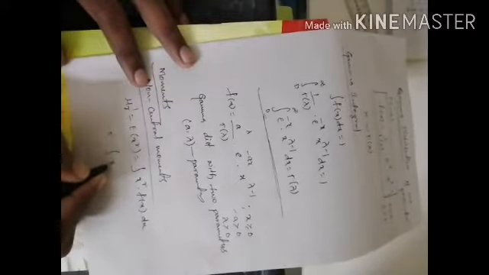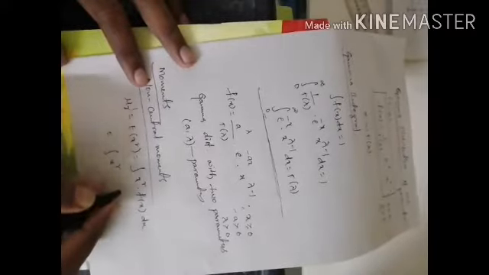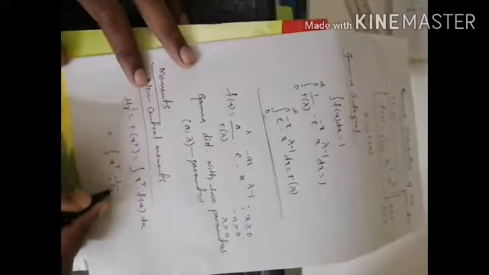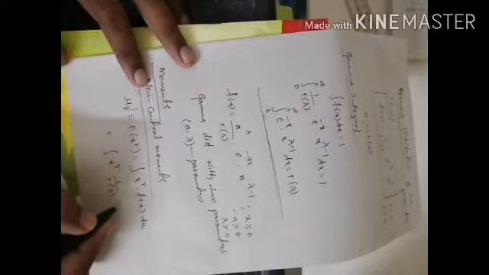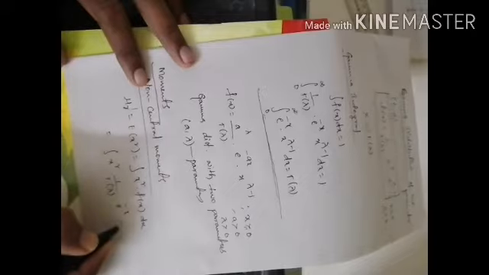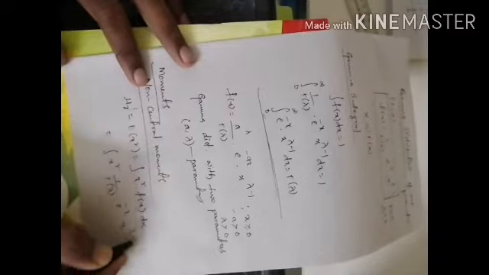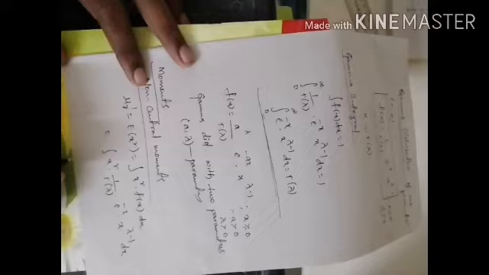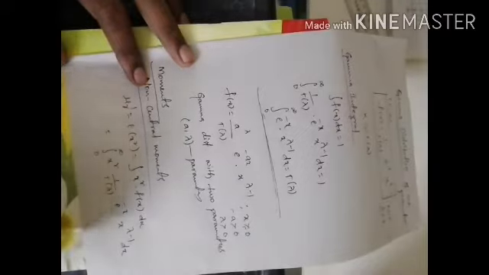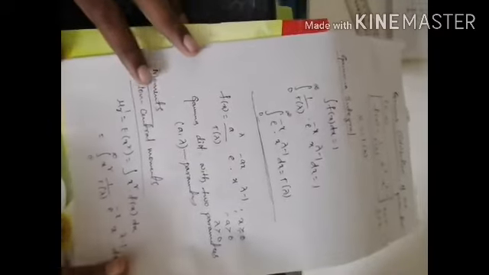What is f of x? 1 by gamma of lambda into e to the power of minus x into x to the power of lambda minus 1 dx, where the limits are 0 to infinity, right?